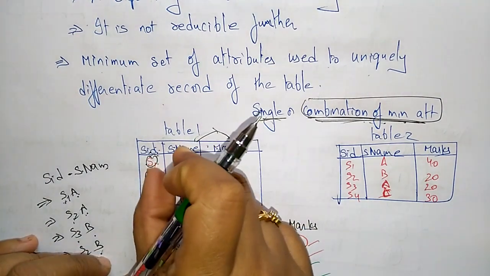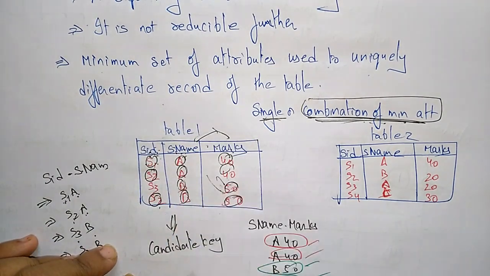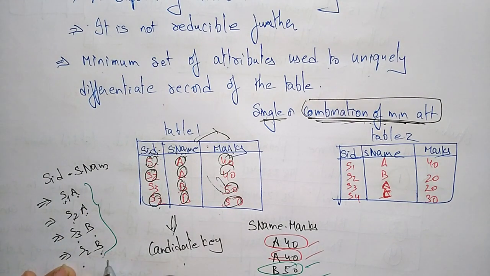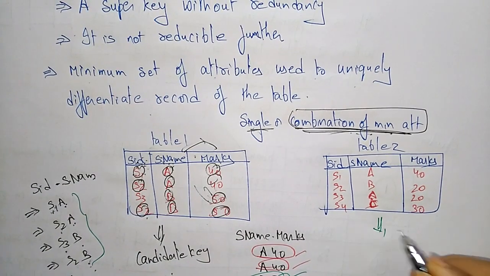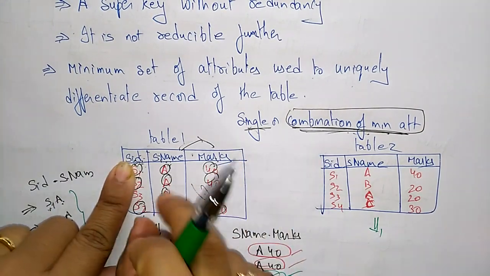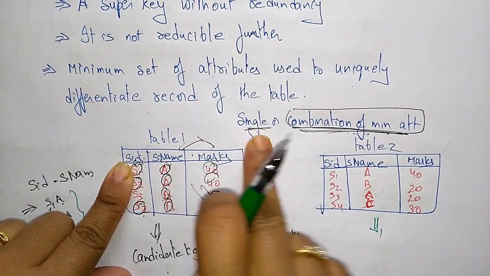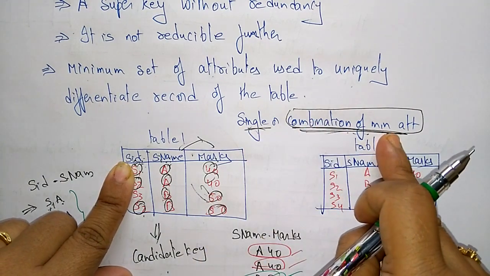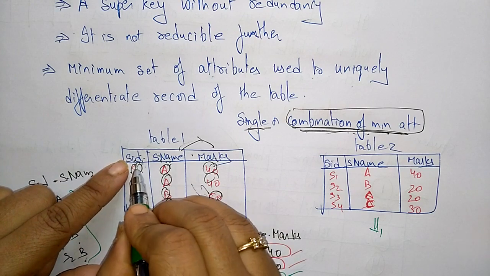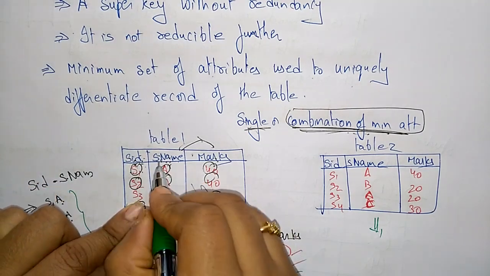So here I am only taking SID and SName as a candidate key, as it does not have redundant data. In the second table, I explain the combination of minimum attributes. I can take a single attribute or a combination of minimum attributes as a candidate key. So here the combination SID and SName you can make a candidate key.